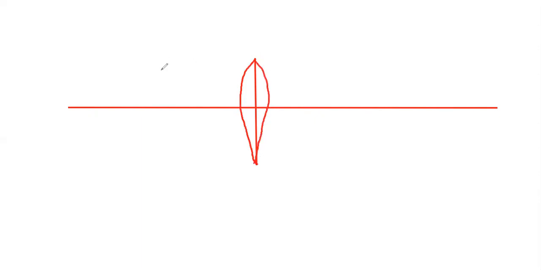Suppose this is F1 and this is F2, and this is 2F1 and this is 2F2.